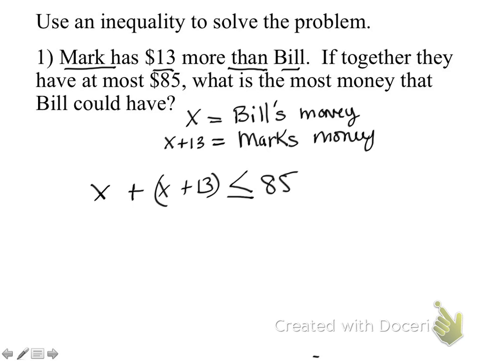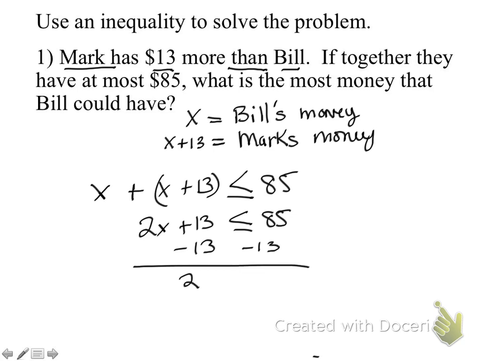But 85. So now I get 2x plus 13. You should be writing as I'm writing. Is 85. Subtract 13. And we end up with 2x is less than or equal to 72. Divide by 2. And x is less than or equal to 36.